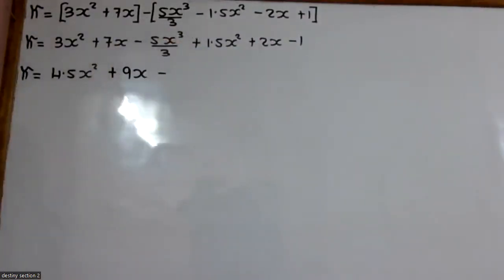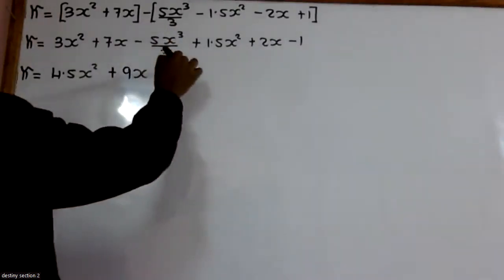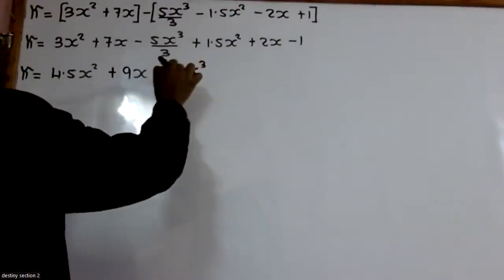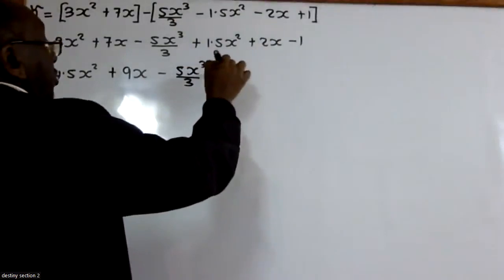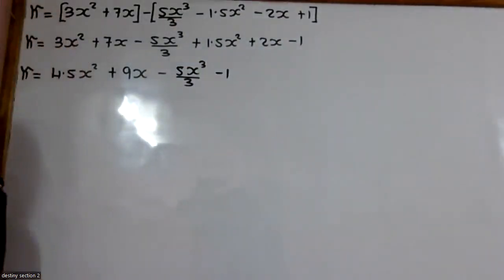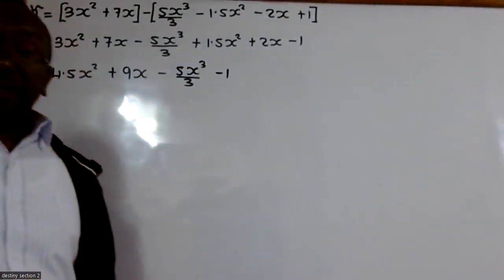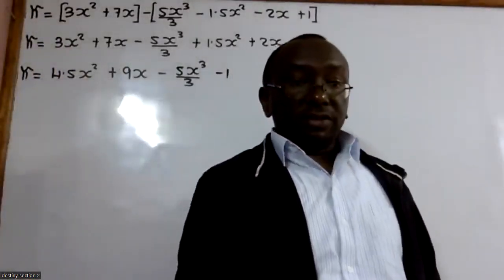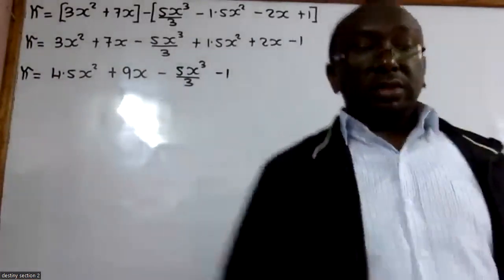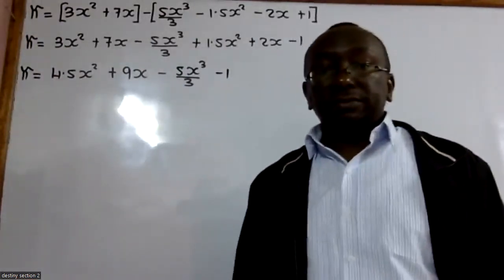Then this one is on its own, so it's 5x cubed out of 3. And then this negative is on its own. So that is the total profit function.